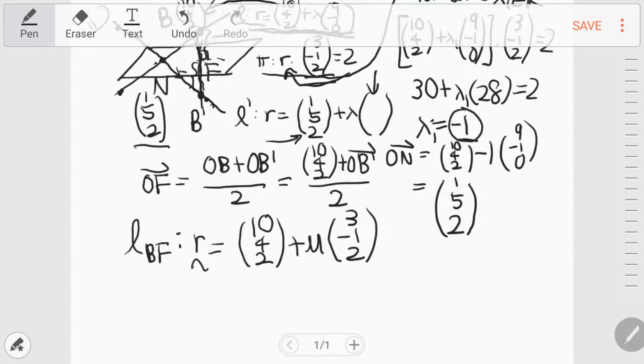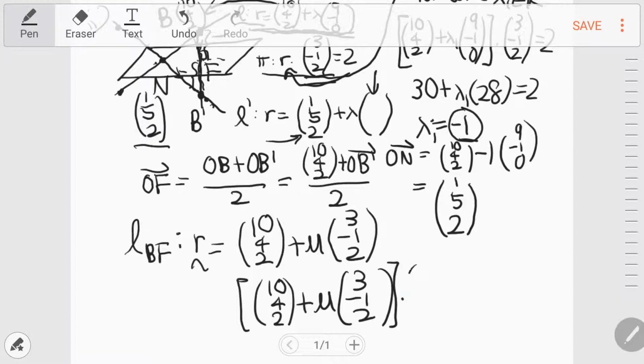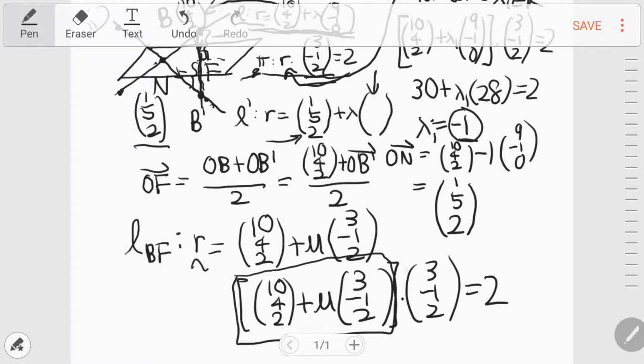So let's see. 10, 4, 2 plus mu times 3, minus 1, 2, dot product 3, minus 1, 2 equals 2. I'm using this plane's equation here. This part is my r dot n, where n is the normal to the plane, 3, minus 1, 2, as we see here, and the 2 is the 2 on the right hand side.